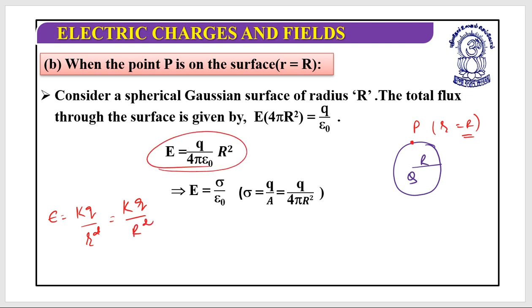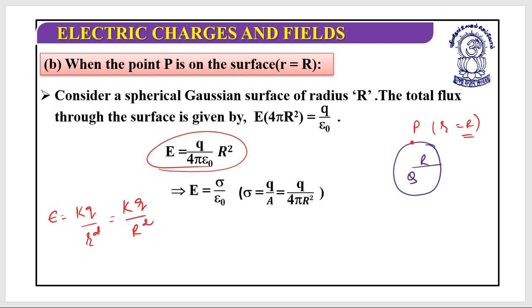This is the same relation that we received for the conducting sphere as well. So E would be equal to kQ by R square. Have you done up till now?